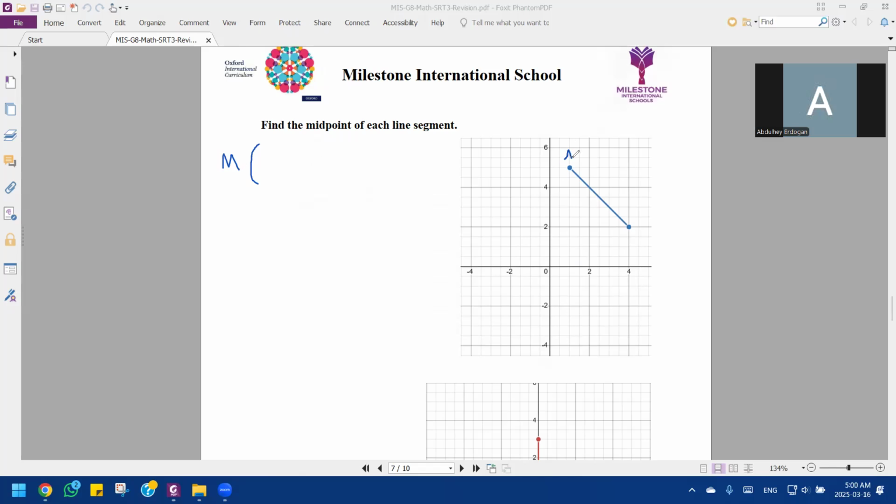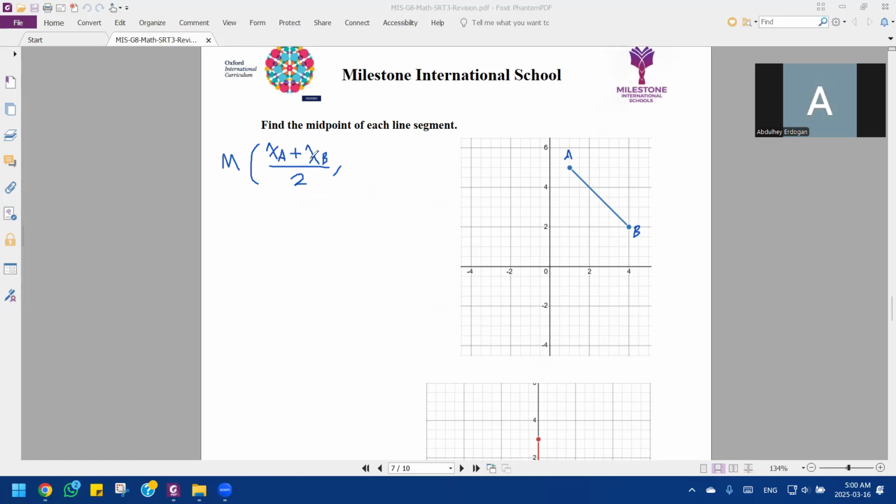Let's say I have 2 points, A and B. How to get the coordinates of the midpoint? I put the x value of point A plus the x value of point B. So we add the x values from here and from here. Now, after I add the 2 values, I divide them by 2. So this formula is fixed. You have to memorize it.